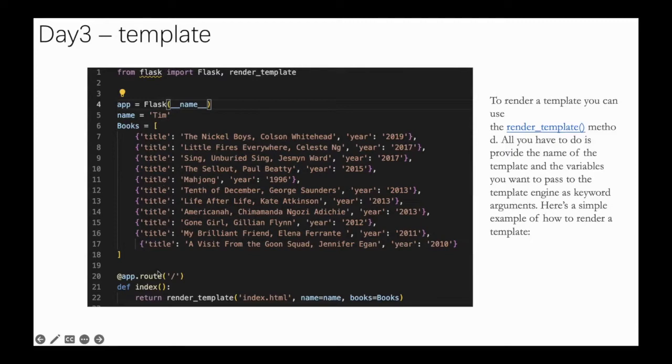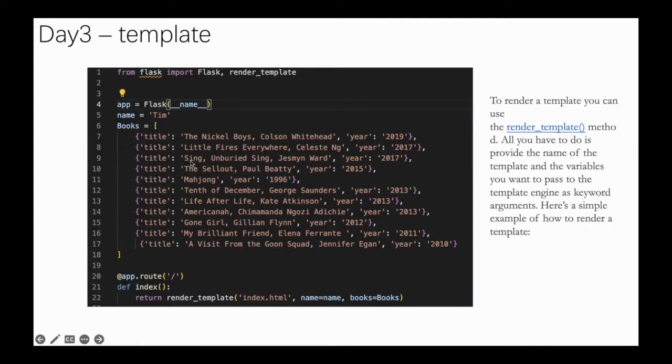And also we use the router to tell which template will be rendered. To render a template, you can use the render_template function. What you have to do is provide the name of the template, and also pass the other variables, for example, the books.